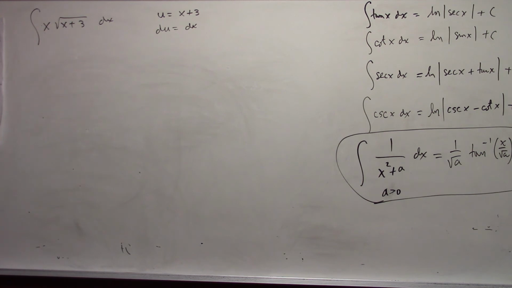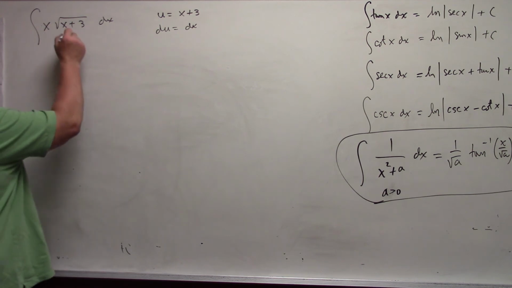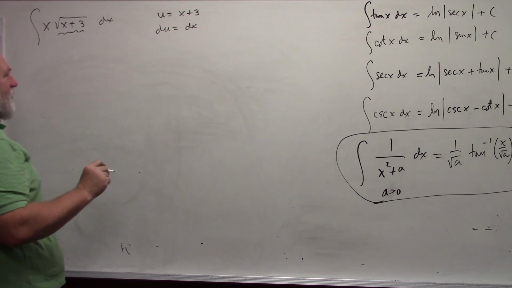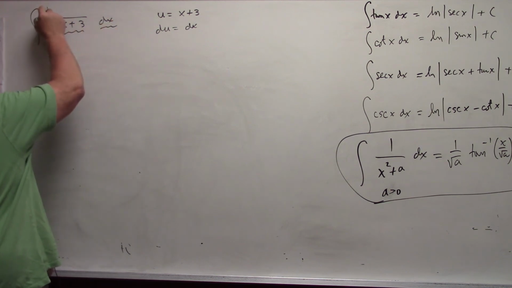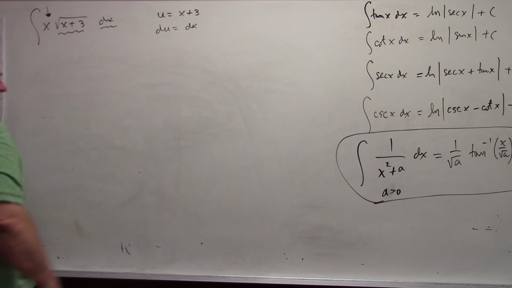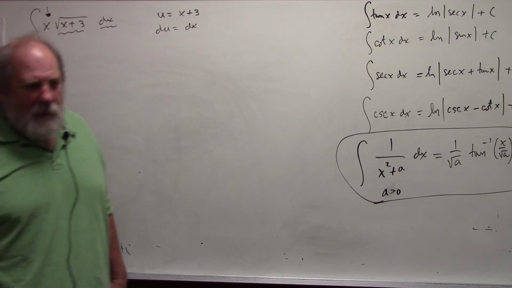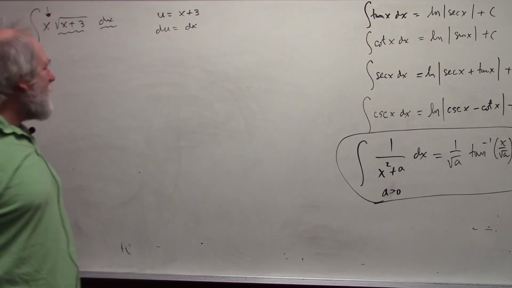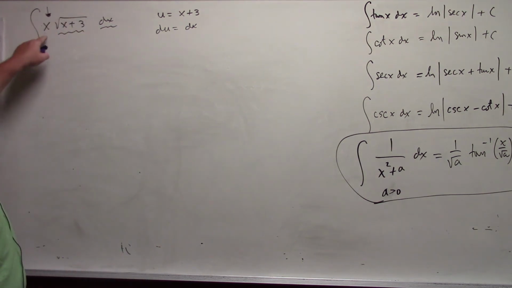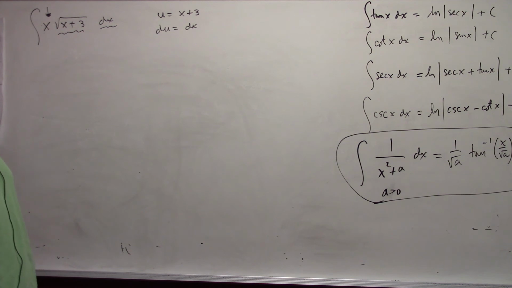And notice here, that takes care of what's inside the square root. It takes care of the dx, but I still have left over this x. I cannot write an integral with two different variables. So if I'm going to do a substitution, I have to replace that x also. I can't leave that as x.